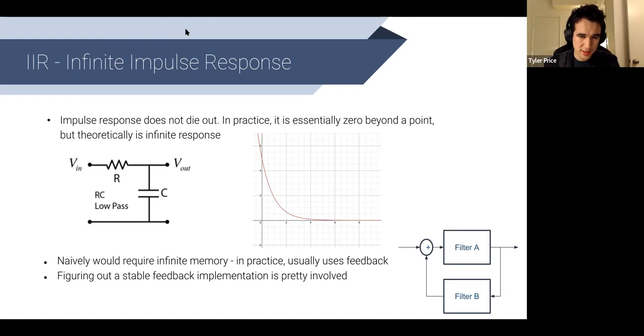So there are ways to implement an effectively infinite impulse response on a digital system. Usually that involves using feedback, but it's tricky to get that working and create a stable feedback configuration. So we're not going to use that so much here.